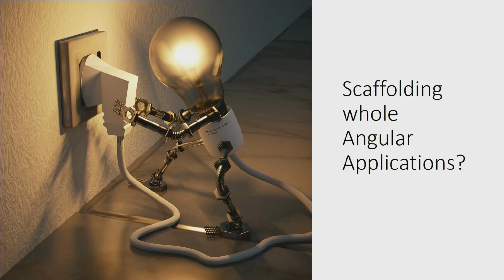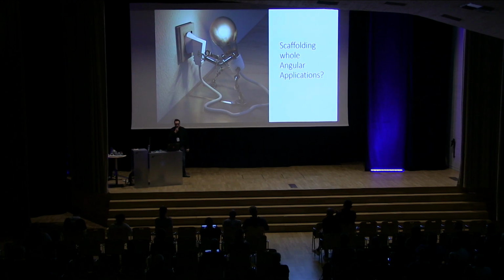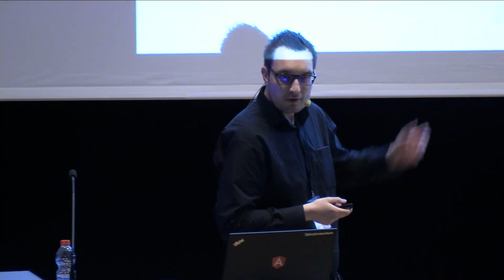Okay, nice. By leveraging this, we can quite easily generate a main menu. But I think we should go one step further. It would be nice to have some schematics which scaffold a whole application. This is what I want to scaffold.